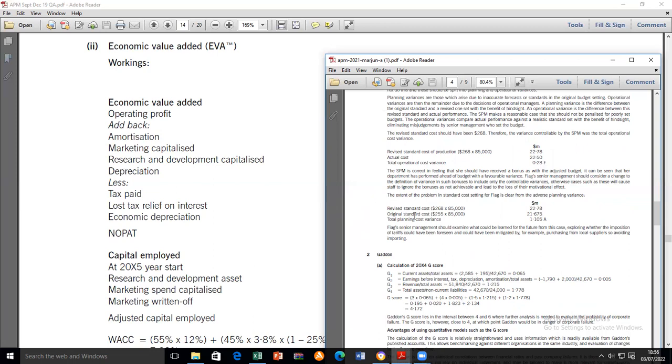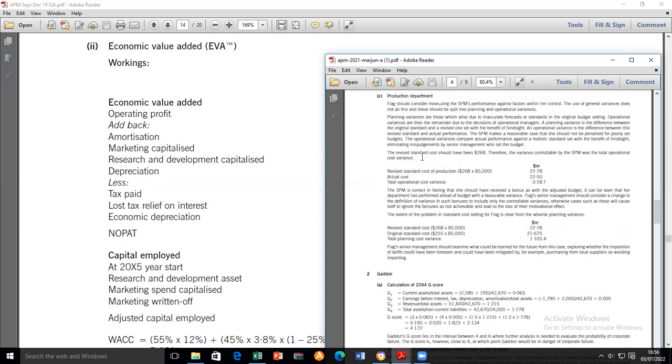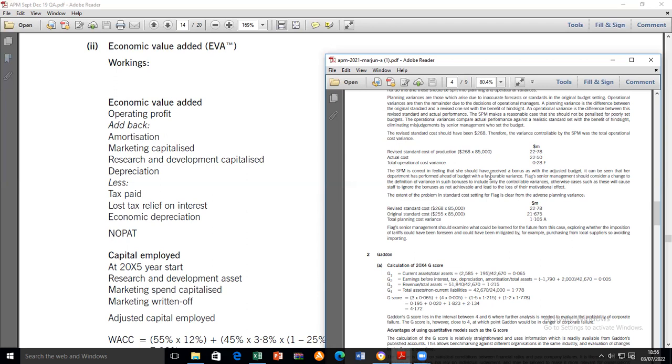Revised the standard cost to 22.78. So how much was our planning variance? To 268, 255. The actual cost was 22.5.